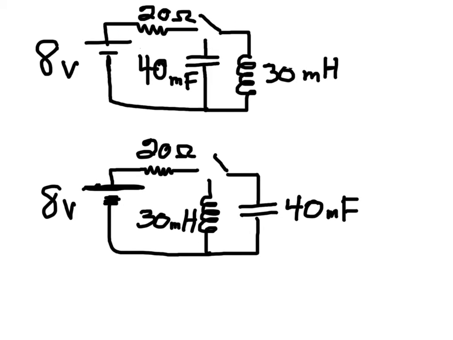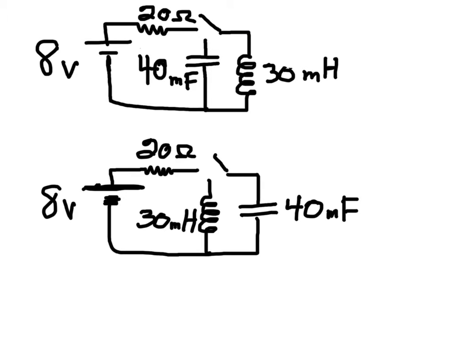Since the current is 0, the current through the resistor will start at 0, and the voltage across the resistor will be 0. And the entire 8 volts at the beginning will be across the inductor. Why?